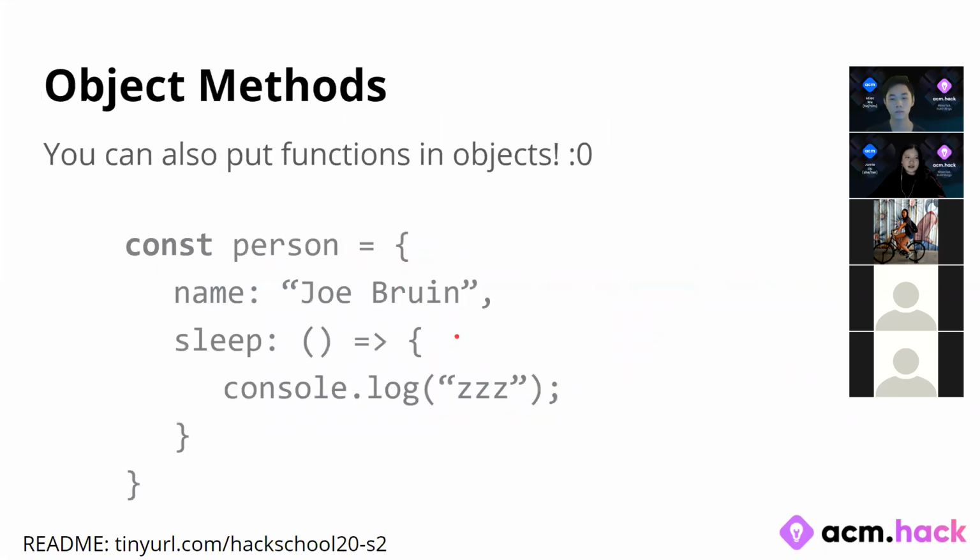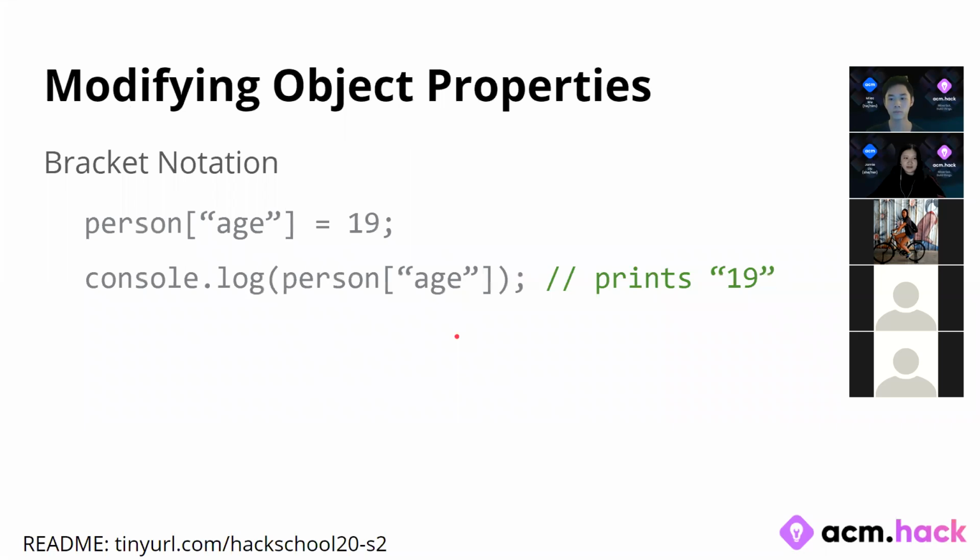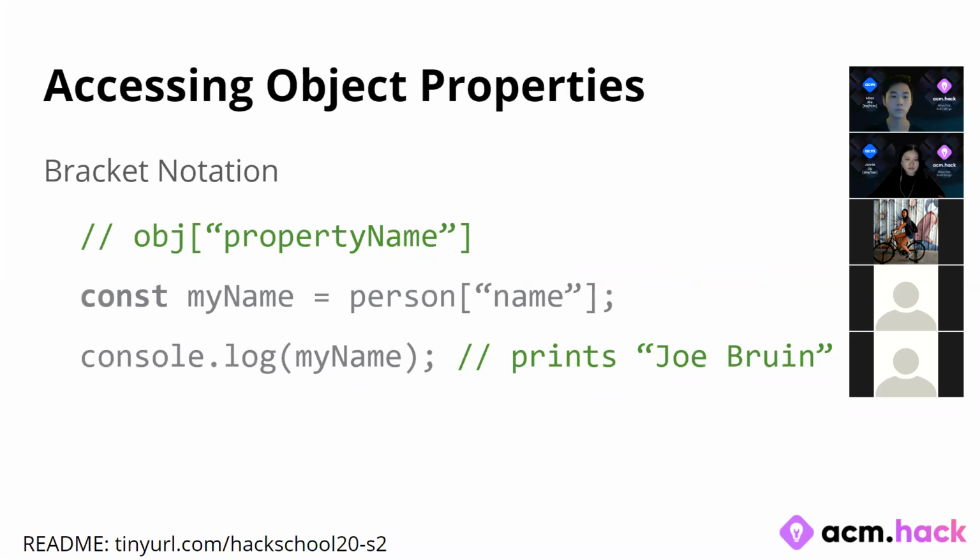There's a question in chat asking, can you change the values in person if person is const? Yes, I was going to show this in the console later, but you can change the values even if the object itself is assigned to a constant variable. You can change the properties, however, you cannot change the object itself.